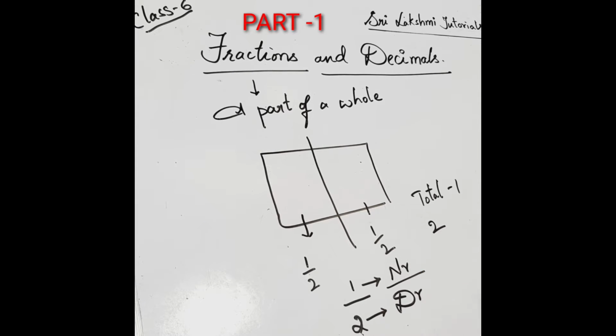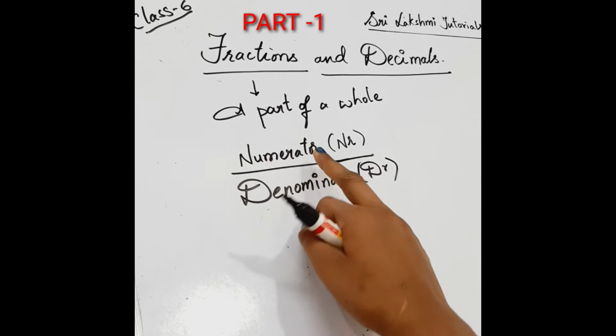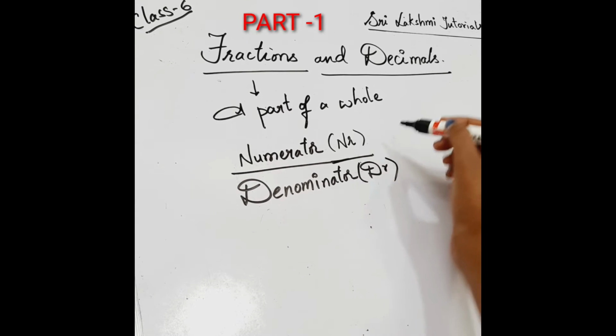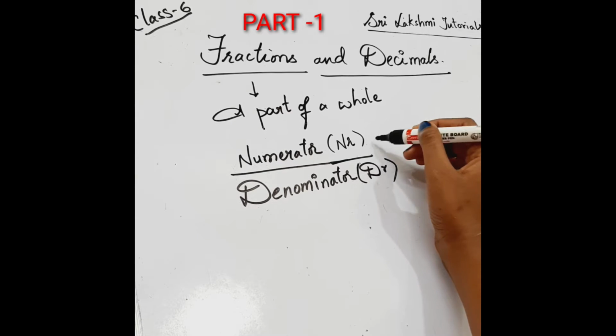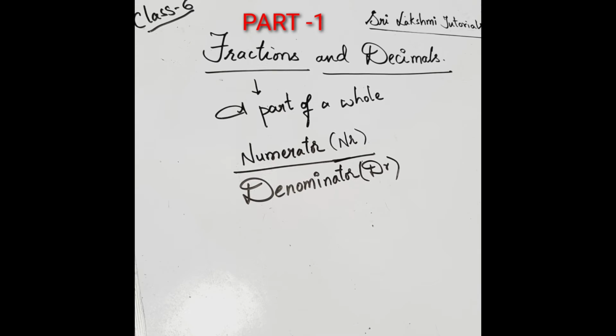The numerator may be a whole number, and denominators can be whole numbers or natural numbers, and it can be negative numbers also in the place of numerator and denominator.